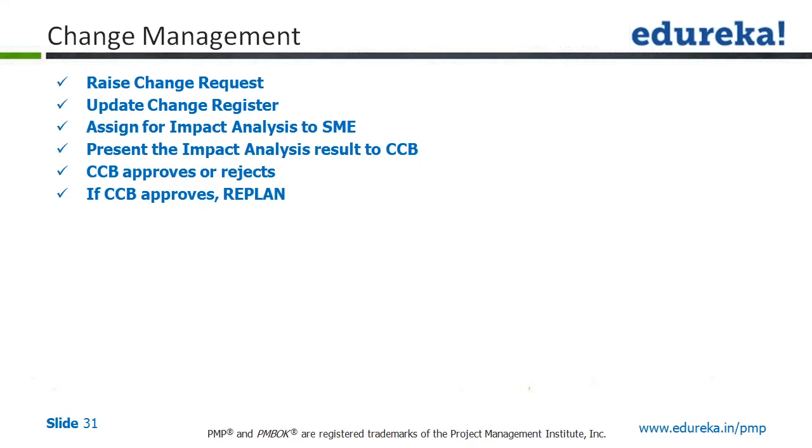So the final decision of the approval or the rejection lies with the change control board very clearly. And in case the change control board approves a particular change, in that scenario, you'll have to do the planning all over again because that change would have an impact on all the subsidiary plans, all the different processes.